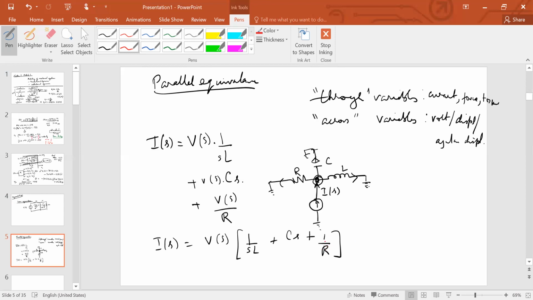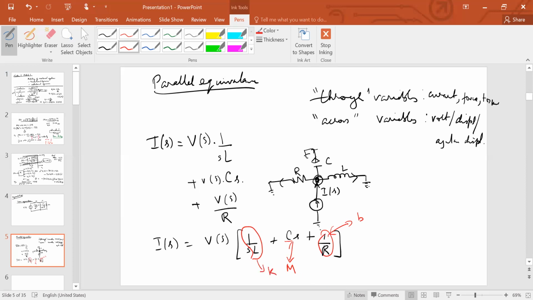You will see that this 1 by R is now mapping to B. This C is going to map to the mass. And this 1 by L will now map to what is called the spring constant, or the K.